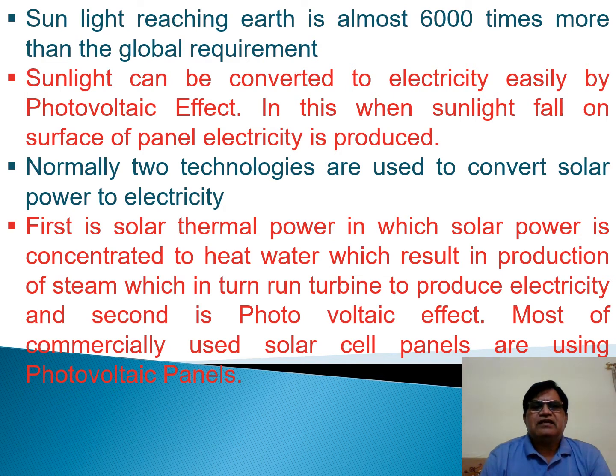Basically, the sunlight reaching earth is converted to electricity using two technologies. One is known as solar thermal power technology and the other is known as photovoltaic power technology.